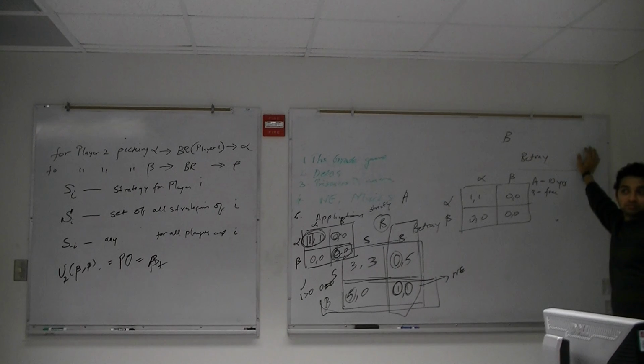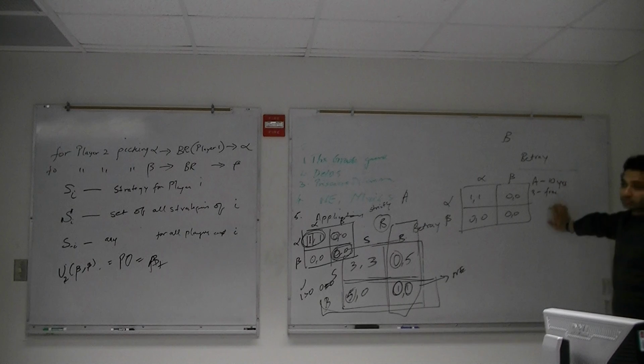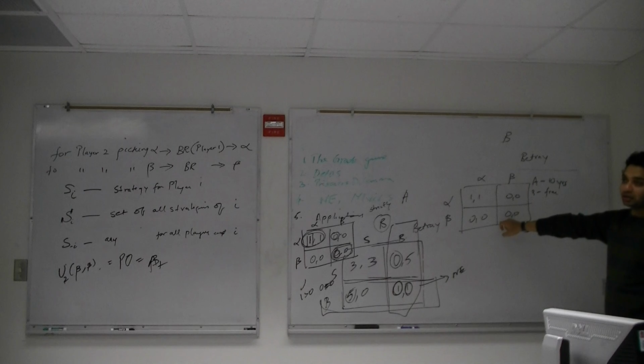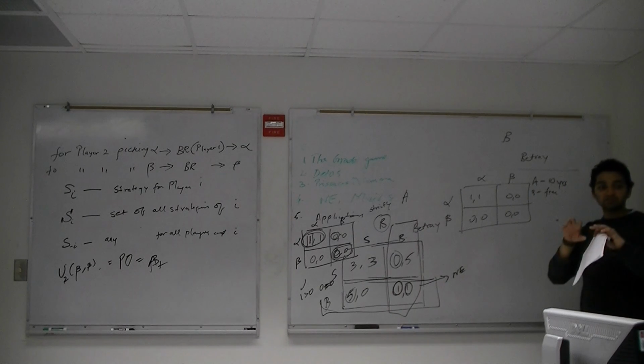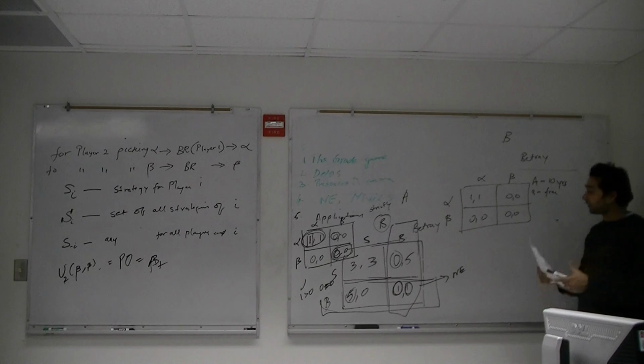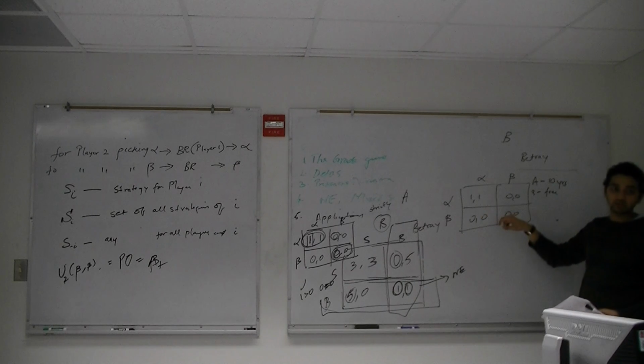Yeah, that's why. So if we're already at beta, neither player has the incentive to move away from that strategy. When you compare it to this one, it's really weak. There is a very big incentive to move away from that particular equilibrium. This is more stable than that one.